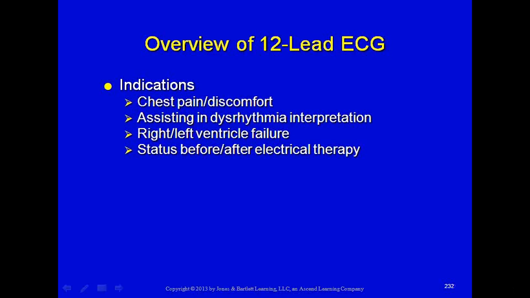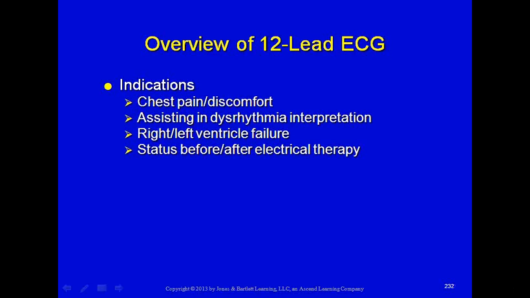Sometimes with really fast heart rates, it might be difficult to determine whether we're dealing with SVT or VTAC, but by looking at a 12-lead ECG, we may be able to determine which dysrhythmia it is. It also gives us an idea of whether or not we've got some hypertrophy in the right or left ventricle, because we'll see certain changes to the EKG.